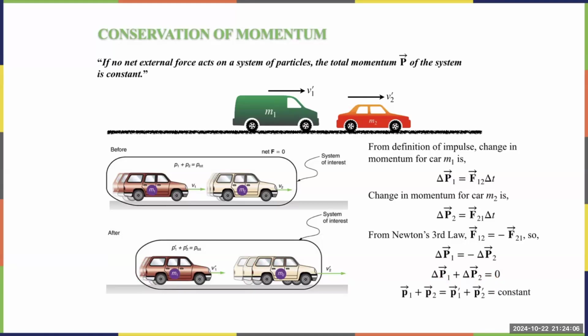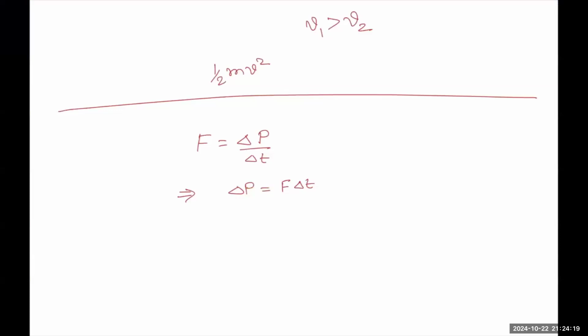What does that tell me? That tells me, if P1 is my initial momentum and P1 prime is my final momentum... I jumped a step here, so let me write it down here. Delta P1 plus delta P2 is equal to 0, right?